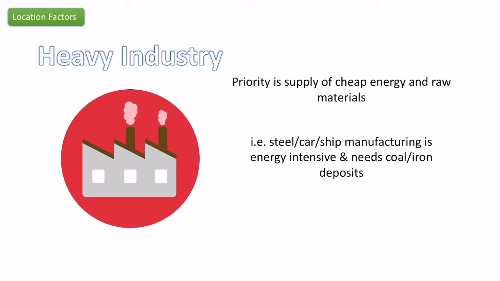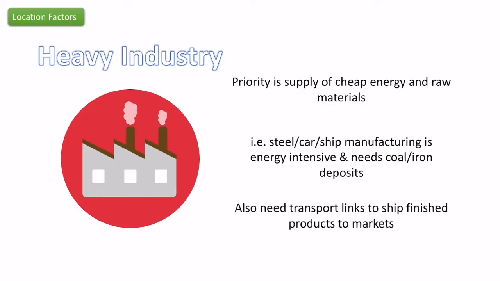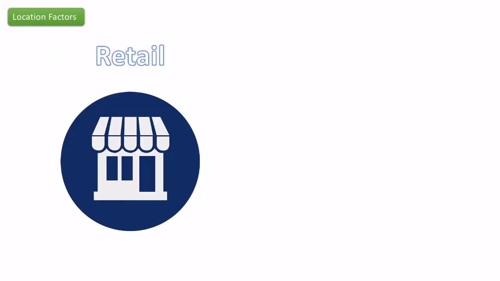But also things like coal and iron and the things that make up lots of these products are very hard to transport and expensive, so having them readily available is really important to a company. Similarly, they have secondary needs. Once they've made those products, they need good transport links to be able to ship them away to markets.